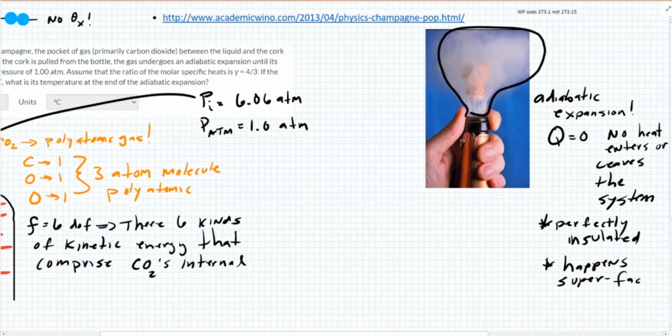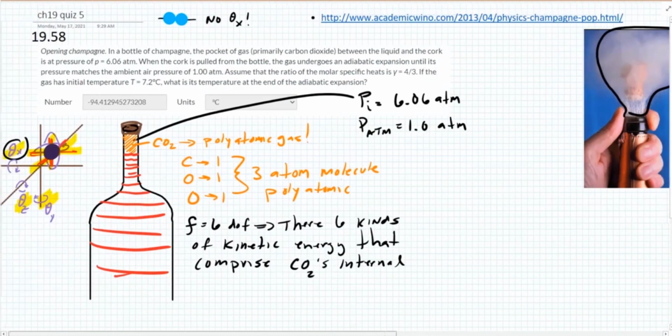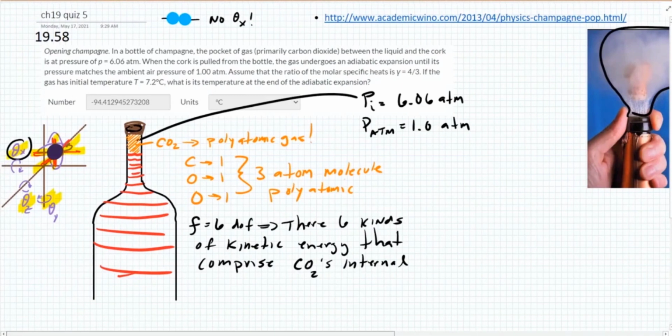The cork is shot off of this bottle so fast that the gas expands very rapidly, and heat does not have an opportunity to enter or leave the gas. Okay, so that's adiabatic. Not the first time you heard this term, but it's the first time we're really applying it.